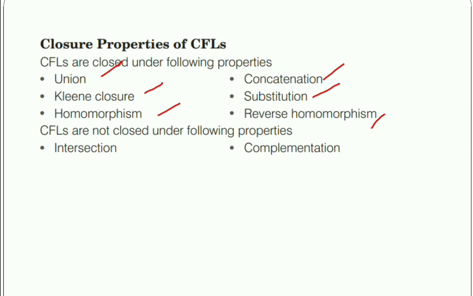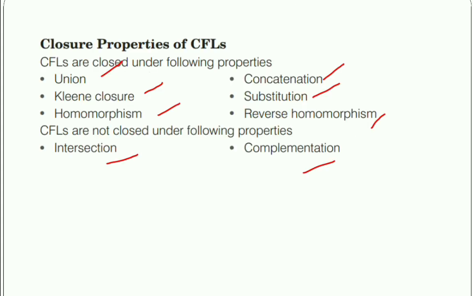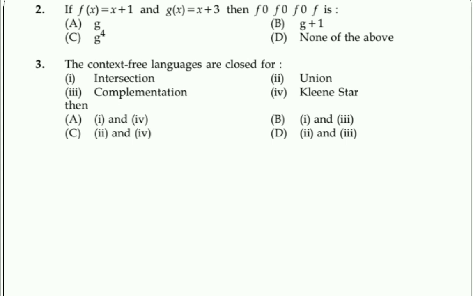And context-free languages are not closed under intersection and complementation. So in the given options the answer is C. Since context-free languages are not closed under intersection and complementation, they are closed under union and Kleene closure. The answer is 2 and 4, that is C. Next.